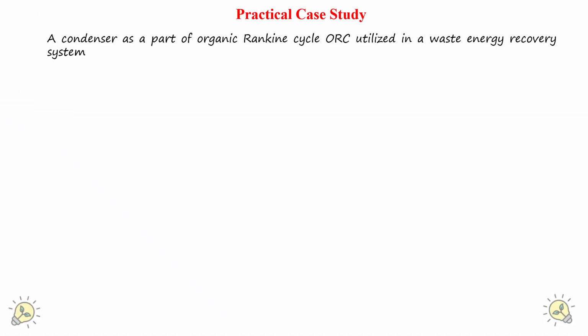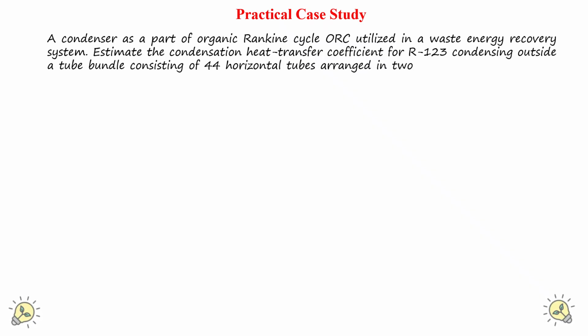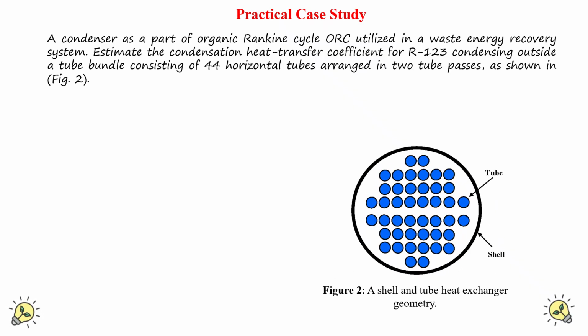Practical case study. Let us consider a condenser, which is a part of organic Rankine cycle that circulates R123, and this unit or this cycle uses a waste energy recovery system from the site where it has been used.